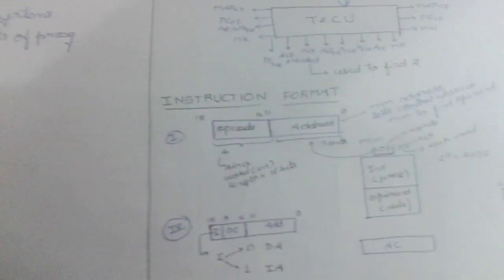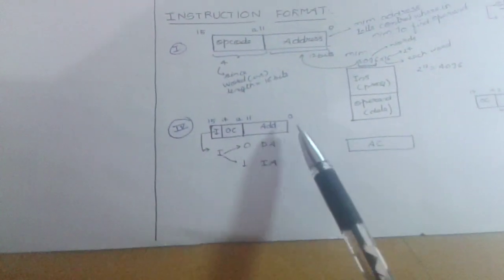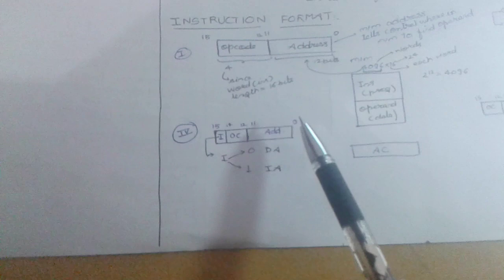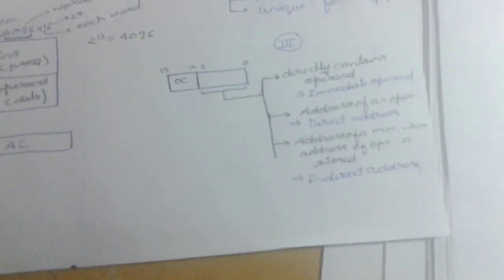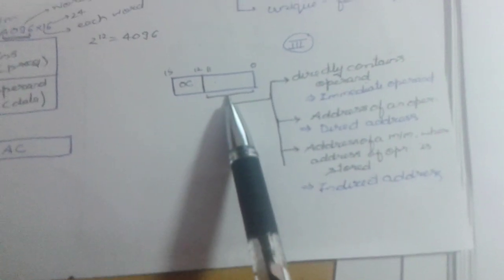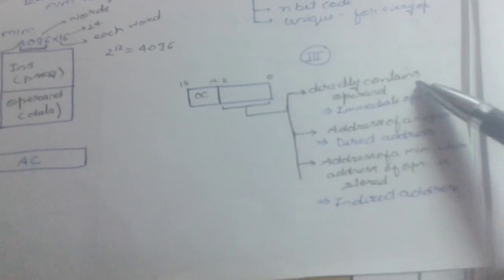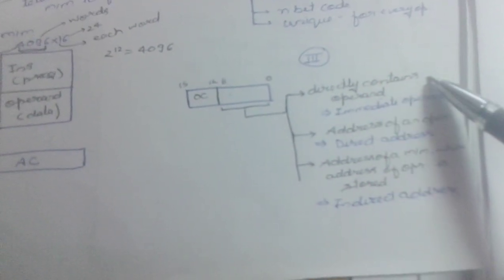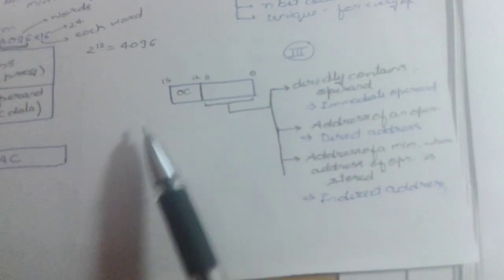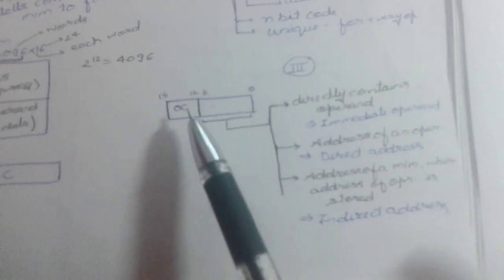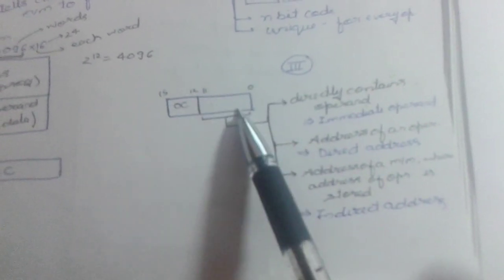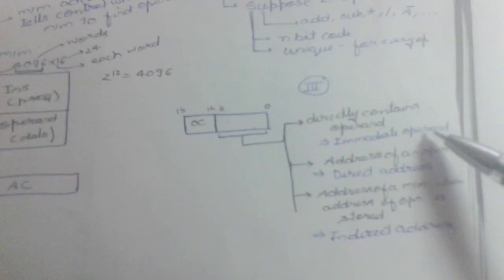Now we will discuss this field, bits 0 to 11. This field can contain operands directly, that is, it can directly contain data, for example add 4 plus 6. This field can directly contain 4 and 6, which is called an immediate operand.